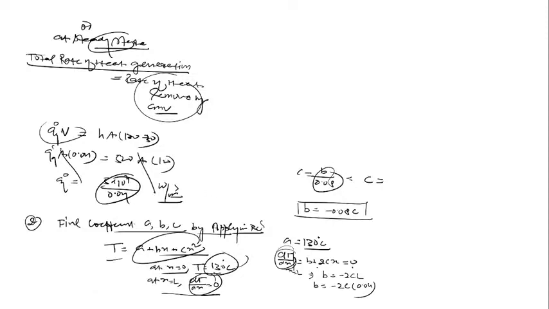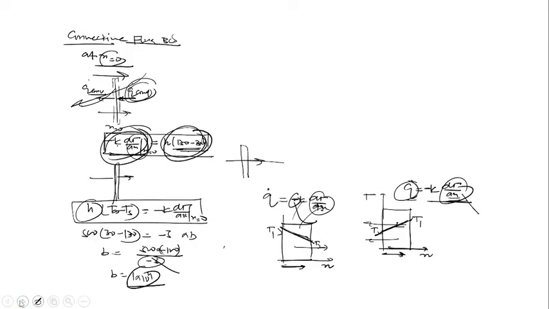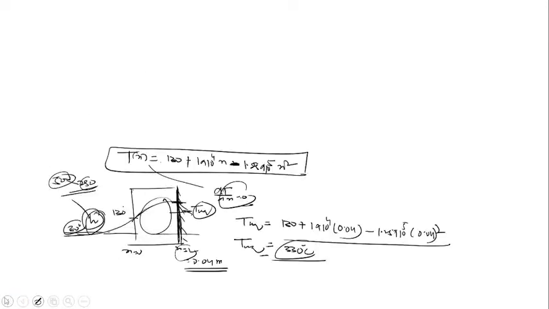How much Qg was there? My question is that if Qg remains the same, meaning the rate of internal heat generation remains the same, and if I reduce the value of H to half, how much Qg was there? Tell me. Qg into volume is equal to again the same H A into 130 minus 30.